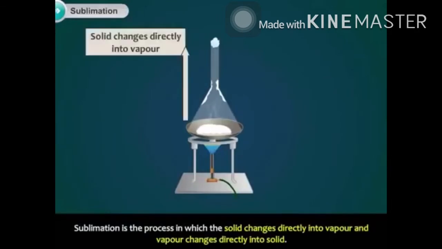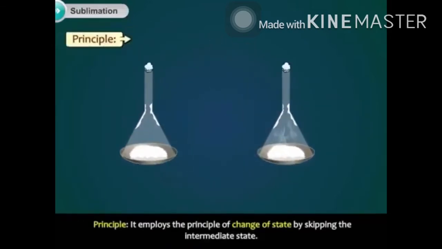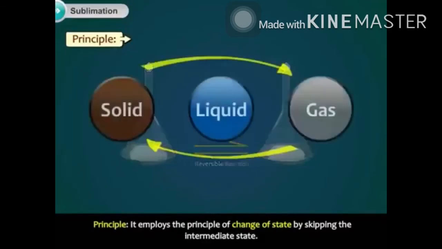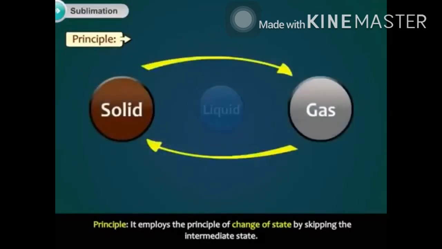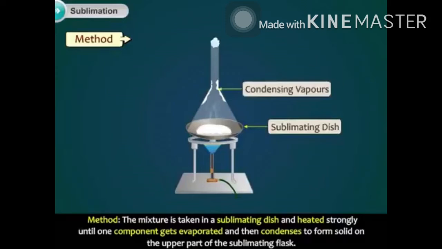Sublimation is the process in which a solid changes directly into vapor and vapor changes directly into solid. It employs the principle of change of state by skipping the intermediate state. The mixture is taken in a sublimating dish and heated strongly until one component gets evaporated and then condenses to form a solid on the upper part of the sublimating flask.